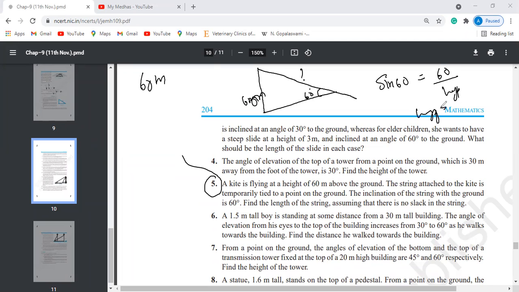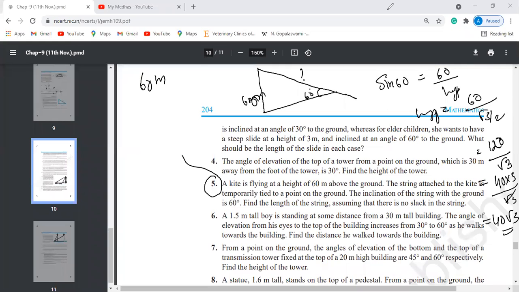So the hypotenuse is equal to 60 divided by sine 60, which is root 3 by 2, I guess. Okay, so that you will get 120 divided by root 3, or you can write it as 40 into 3, correct? 120 divided by root 3. So 1 root 3, 1 root 3 get cancelled, so that you will get 40 root 3 as the answer. Okay, correct. Great.